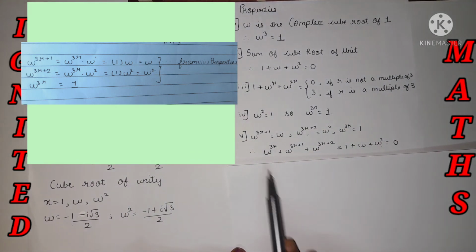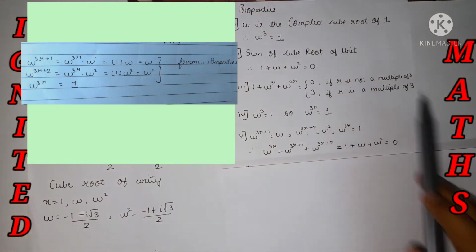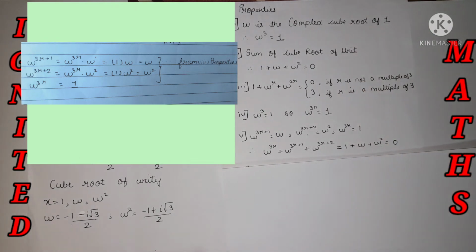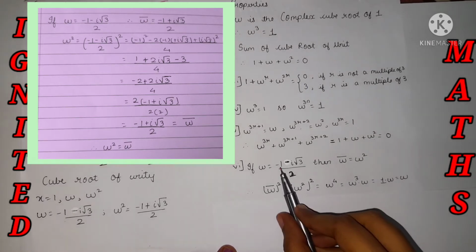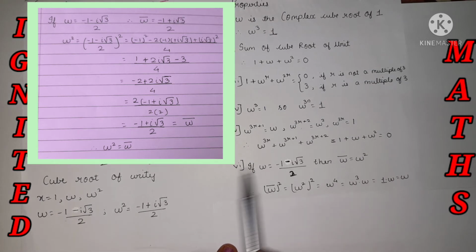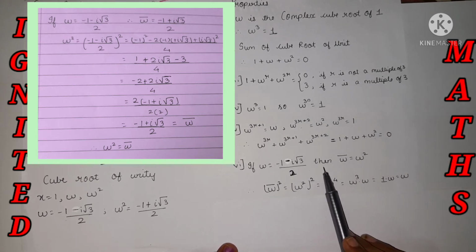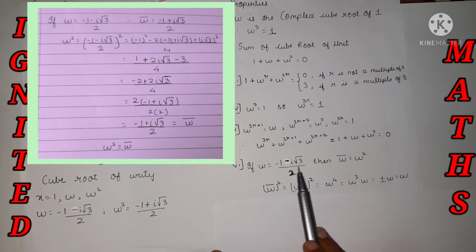One more property. Yes, this is the other property. So I have already mentioned that these two properties are the pillars. Okay, the rest of the buildings are constructed by the two properties. So here the sixth property. Omega is equal to minus 1 minus i root 3 divided by 2, as we have done over here, the similar one. Now if omega is equal to this, then omega conjugate, as we have seen, we need to change the sign of the imaginary unit.